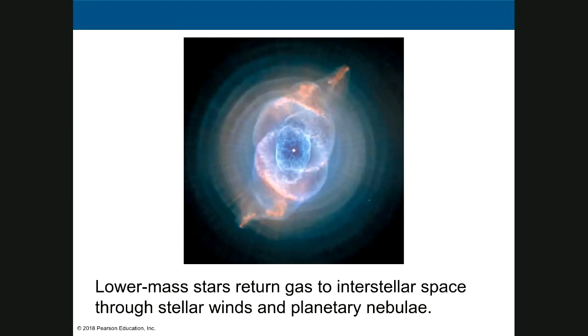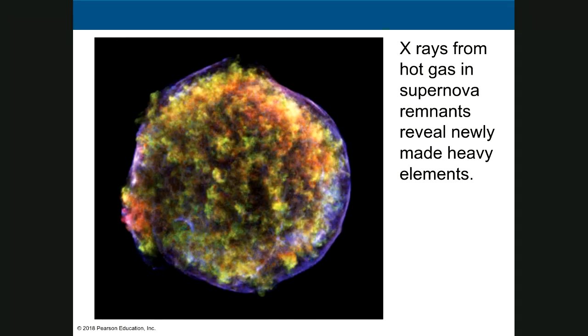Of course, after they're done with the solar wind and the stars die, they expel an extraordinarily large amount of gas and elements. We have here a planetary nebula. This is a pretty cool death knell of a low mass star. And then, of course, we have, I think this is an X-ray image of a supernova that shows us the very hot gases for a supernova.